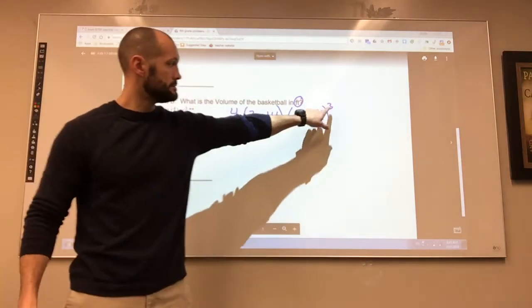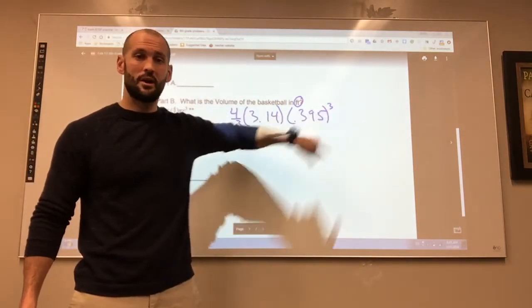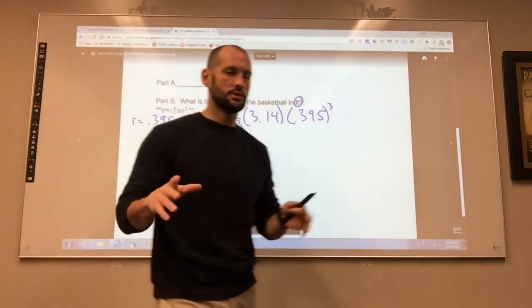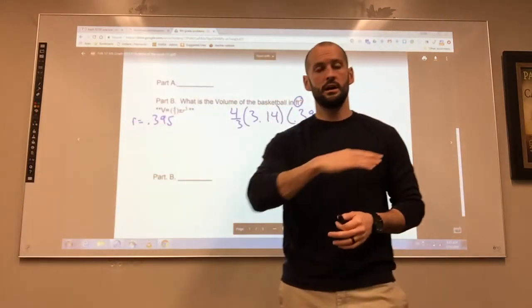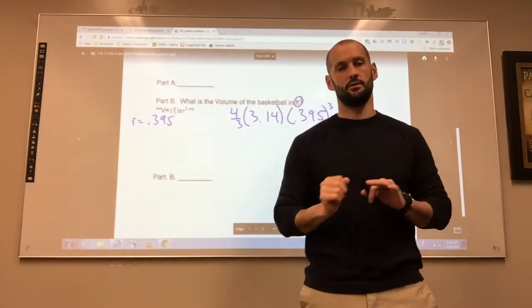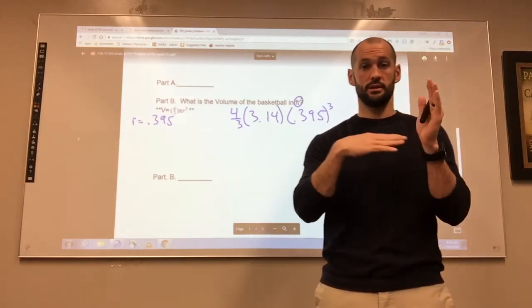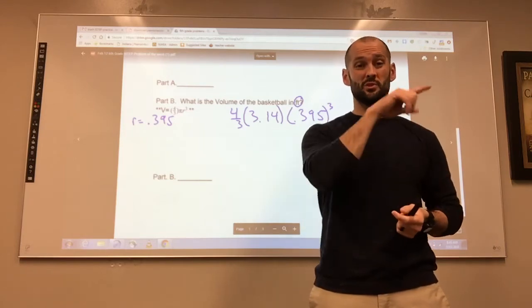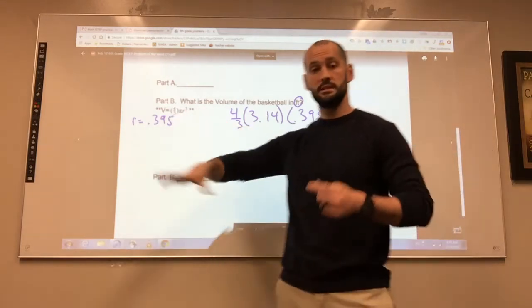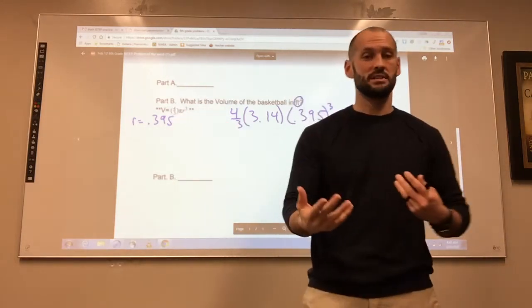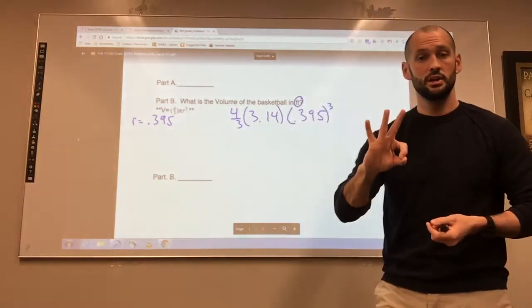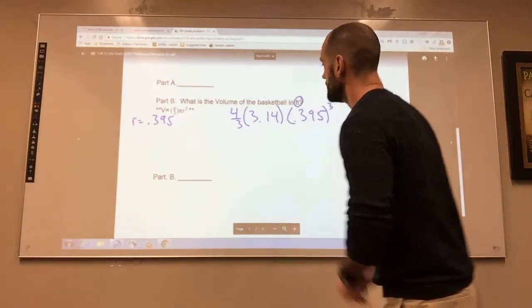Little side note, that cubed, our units will be cubed. Did you notice when you're doing like perimeter or anything linear, your units are always just feet or inches? Once you started seeing area, because you were doing 2 dimensions, your units were squared. Volume deals in real world, so now there's 3 dimensions, which is why your units will be cubed. Keep that in mind.